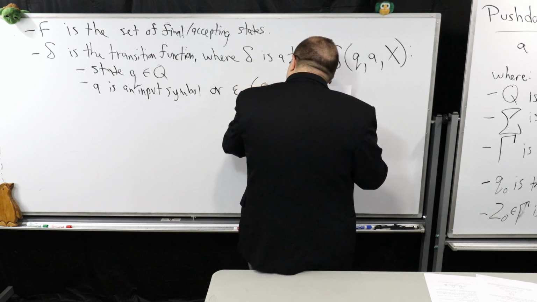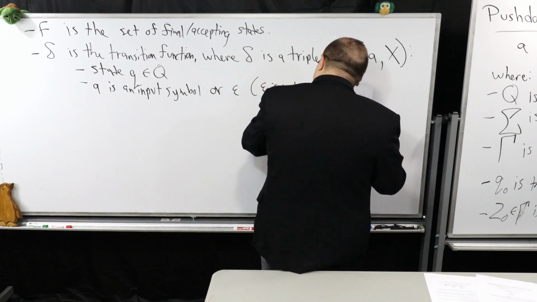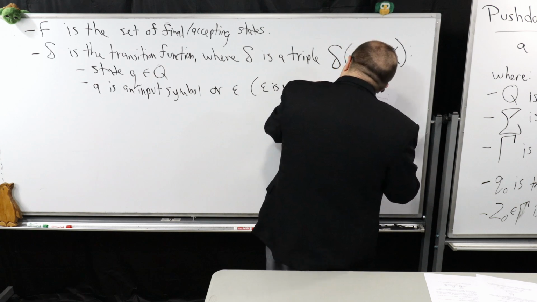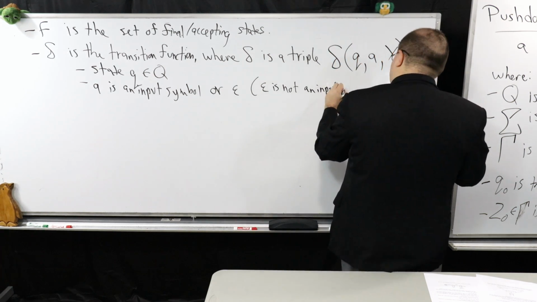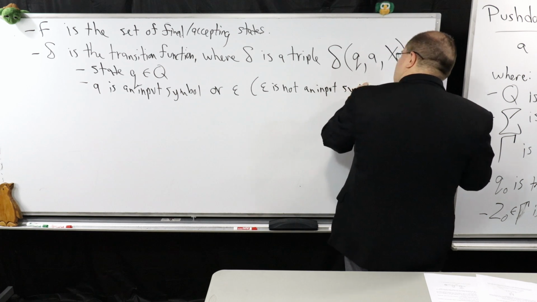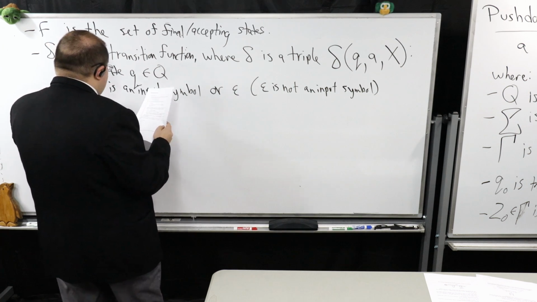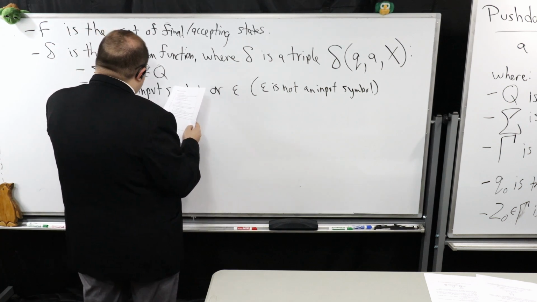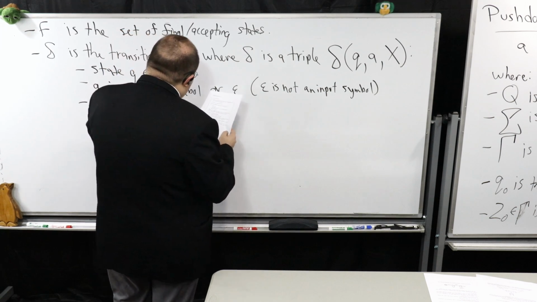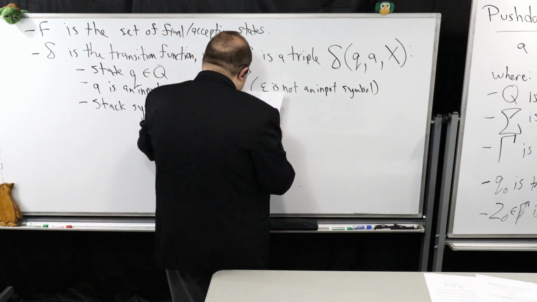Remember, epsilon is not an input symbol. That's no different than the epsilon in FA. And the final one is the stack symbol X, which is in capital gamma.